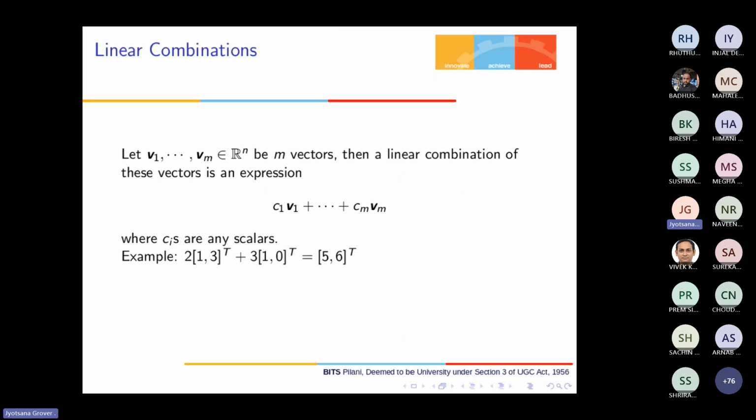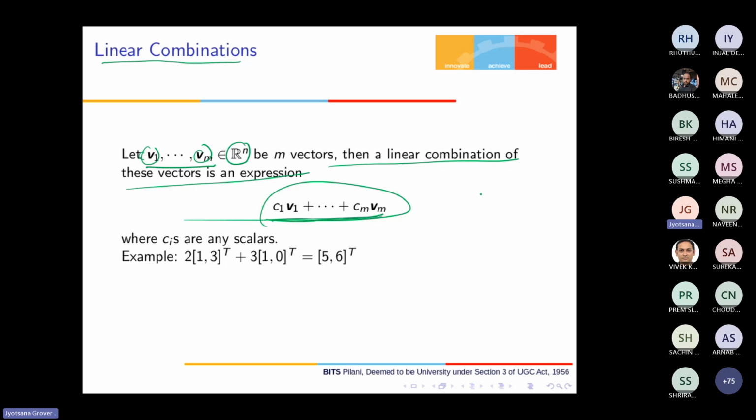Now let's talk about linear combination. Suppose you have m vectors, each n-dimensional. Then what is a linear combination of these vectors? It is c1 v1 and so on: you multiply each vector by a scalar and then add them. This is called a linear combination of vectors, because you are combining these m vectors.